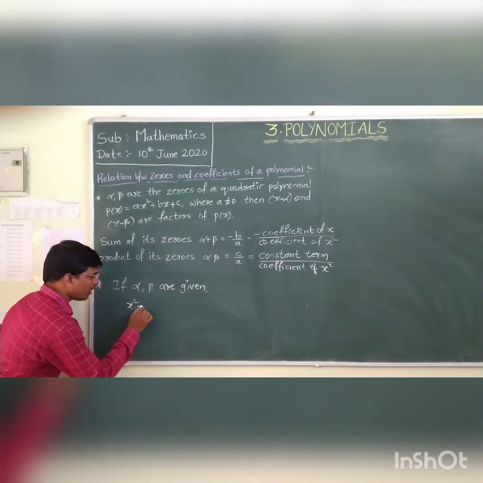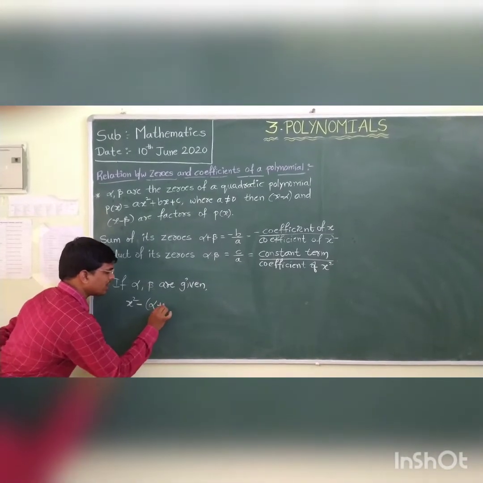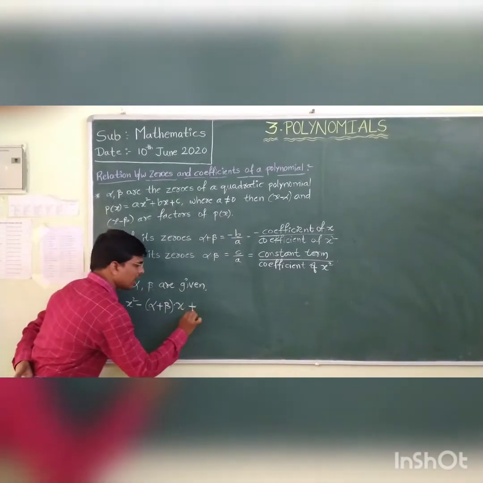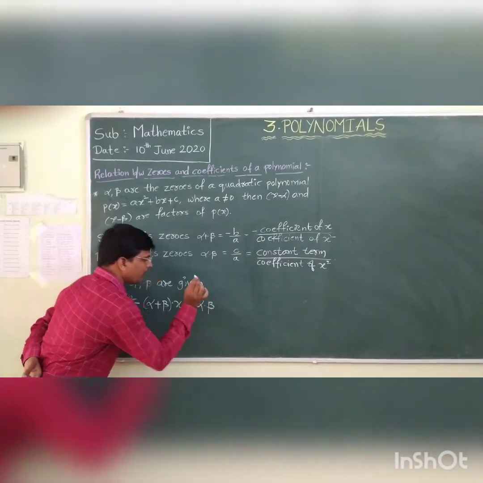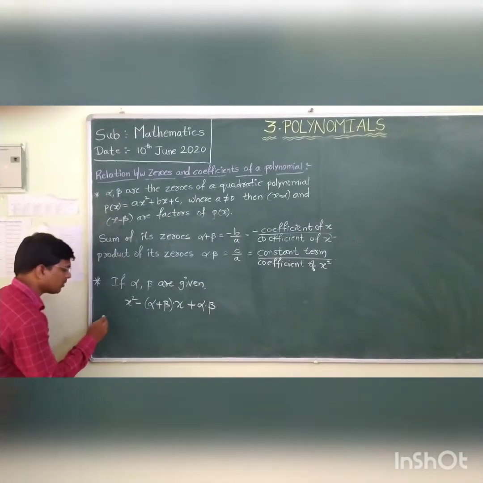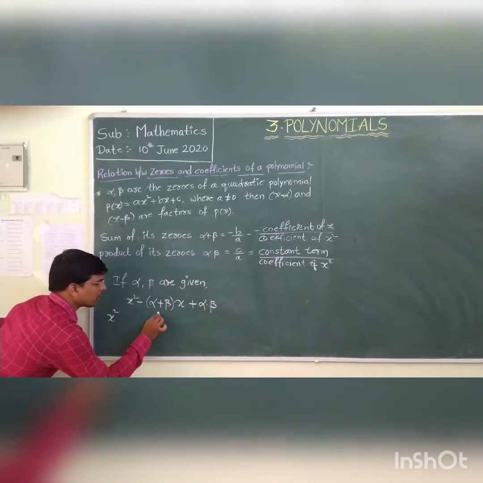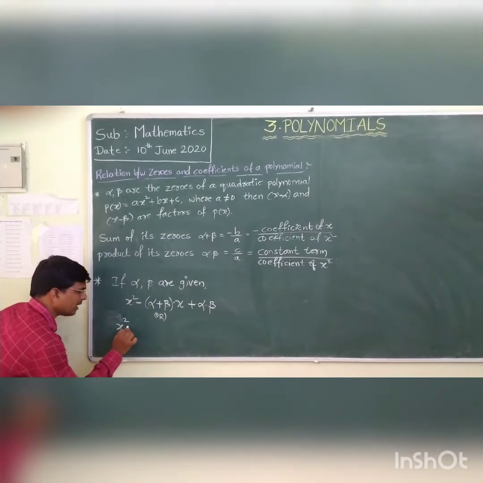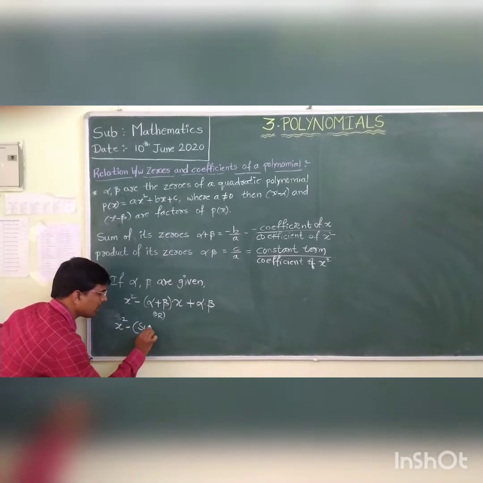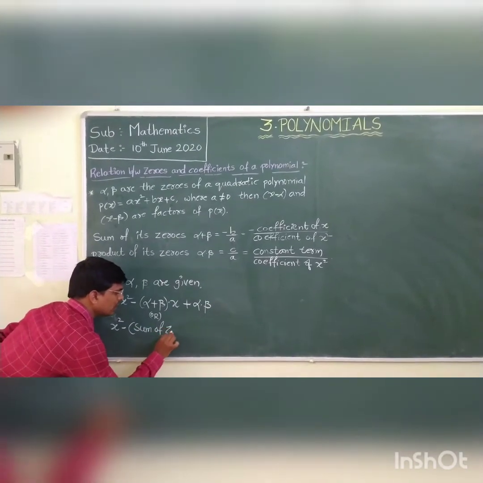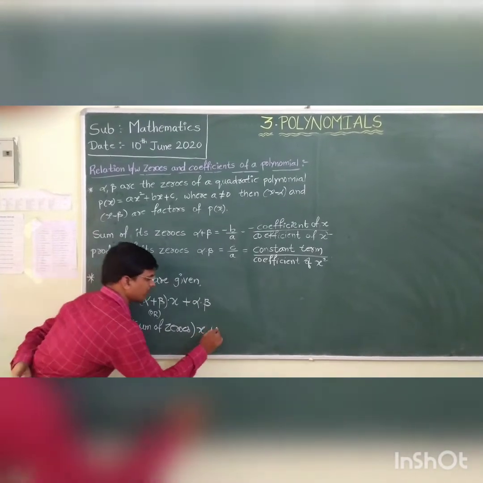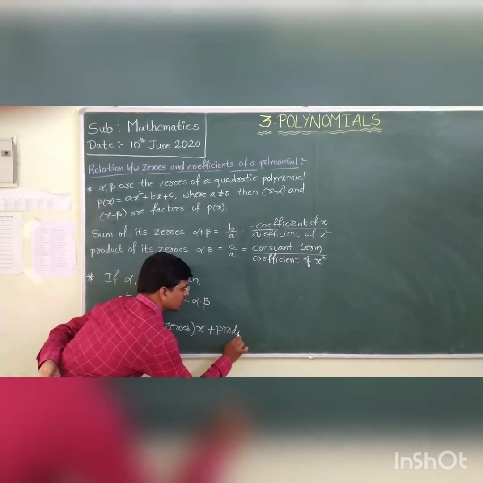It will be in the form of x square minus alpha plus beta into x plus alpha into beta. Again you can write it as x square minus sum of zeros into x plus product of zeros.